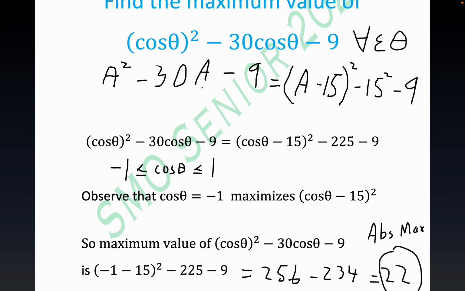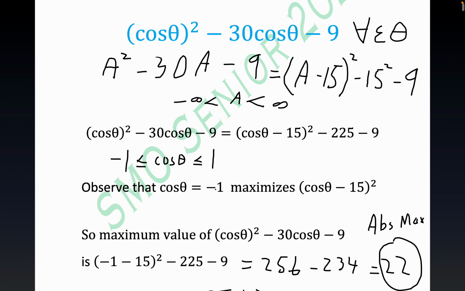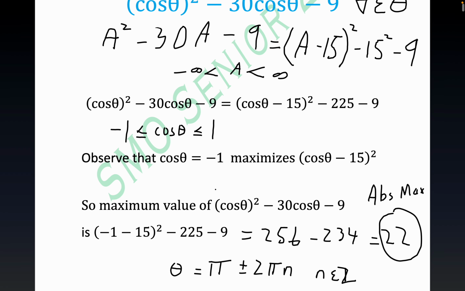A is unbounded here, is the difference, right? In other words, you have a between minus infinity and infinity. So that's the difference, I guess. And so it's unbounded, but cosine is very bounded. Okay, so that's what makes this thing a doable problem.